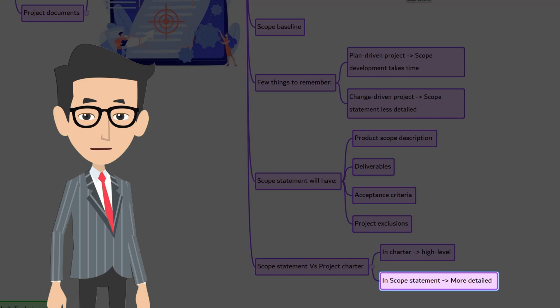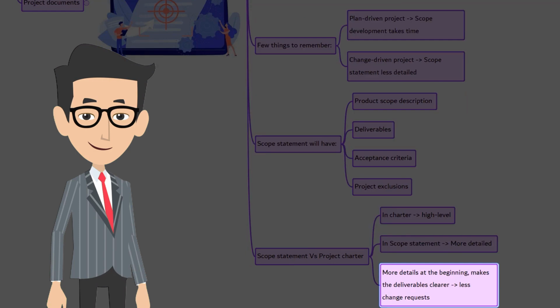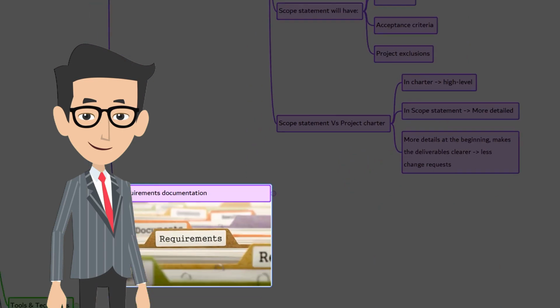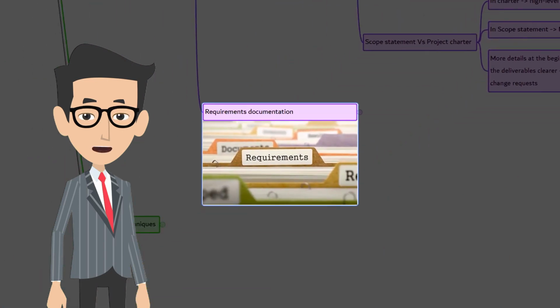Don't forget, these components are progressively elaborated throughout the project. It would be great if all the information about the scope were available at the beginning of the project itself. Of course, when every single piece of information is available, the end product will be clear to the stakeholders, so fewer change requests. The next is requirements documentation.